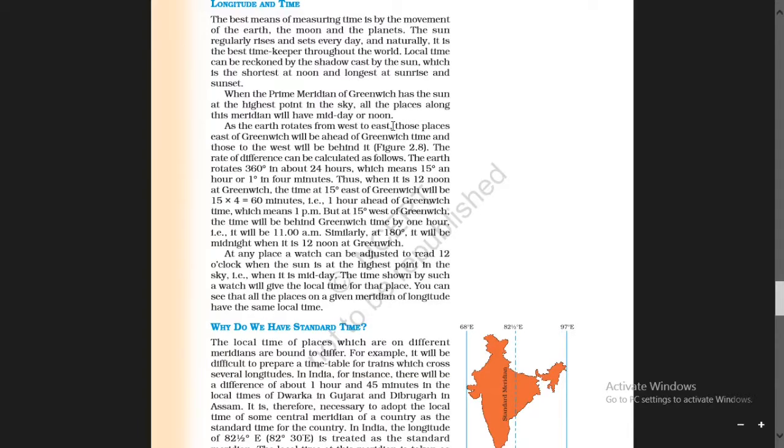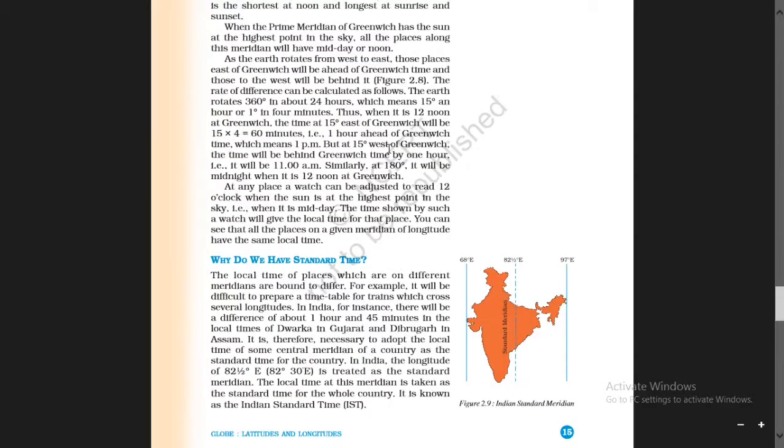Children, you must remember again, earth rotates from west to east, anti-clockwise. Those places east of Greenwich will be ahead of Greenwich time, and those to the west will be behind it.